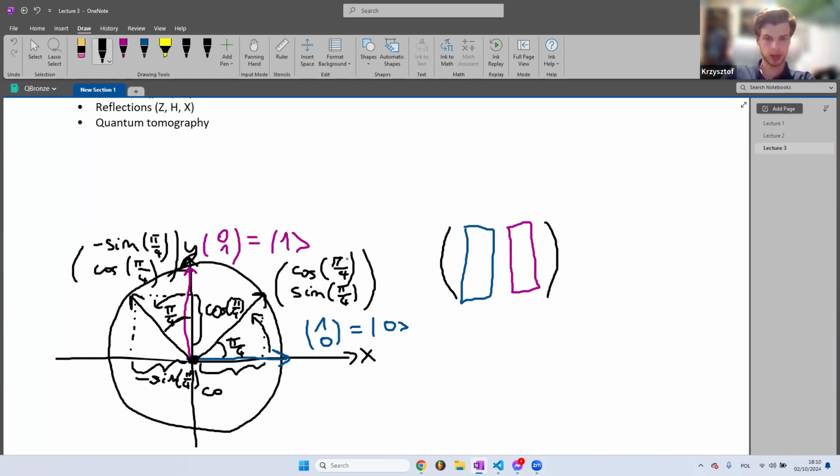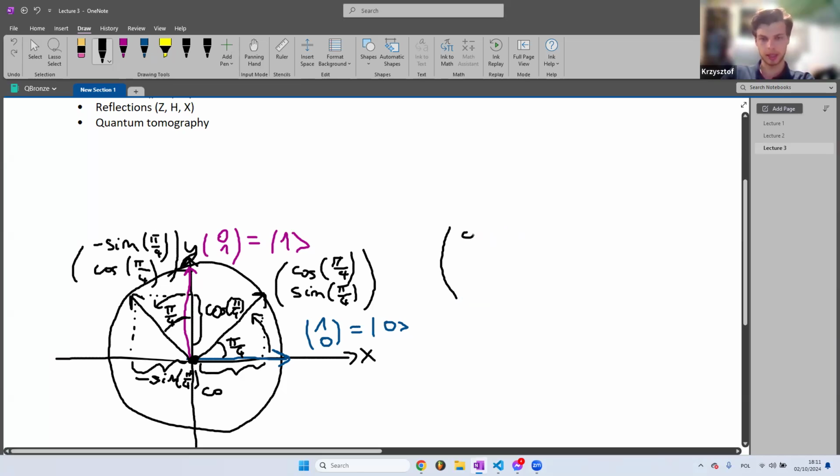In this case, the 0 vector, after the transformation, lands in cosine of pi over 4 and sine of pi over 4. And the second vector lands in minus sine of pi over 4 and cosine of pi over 4.